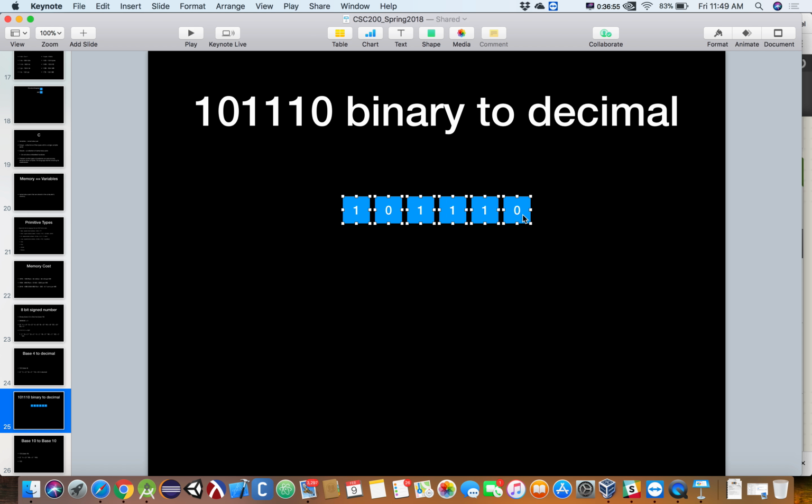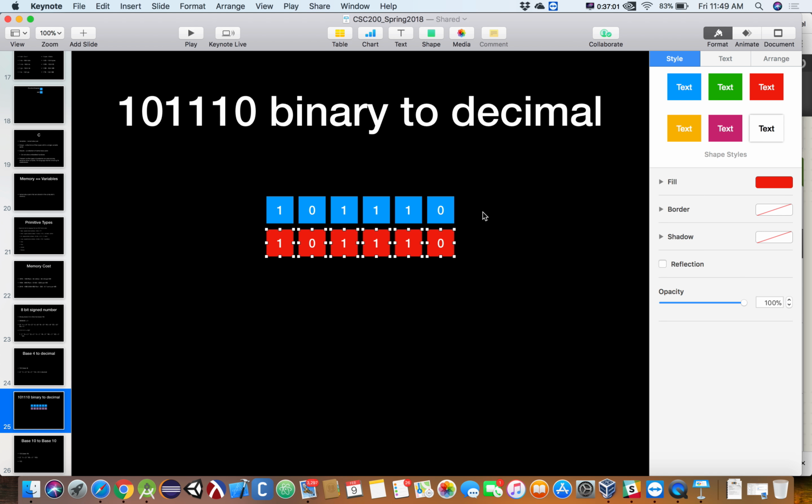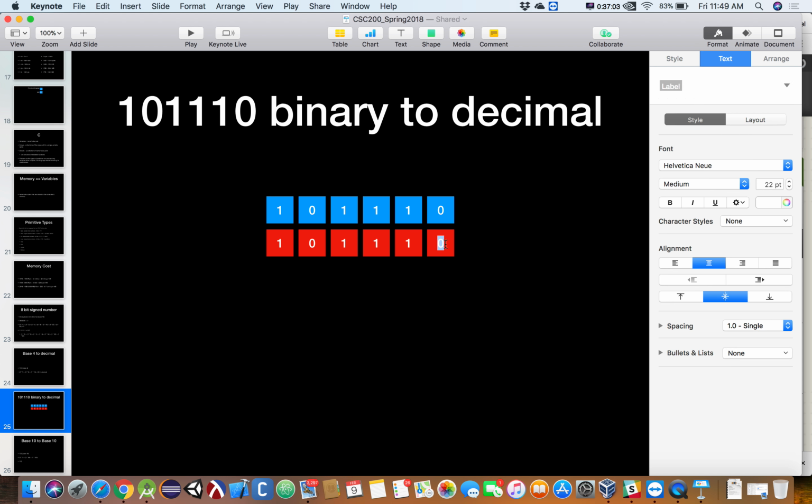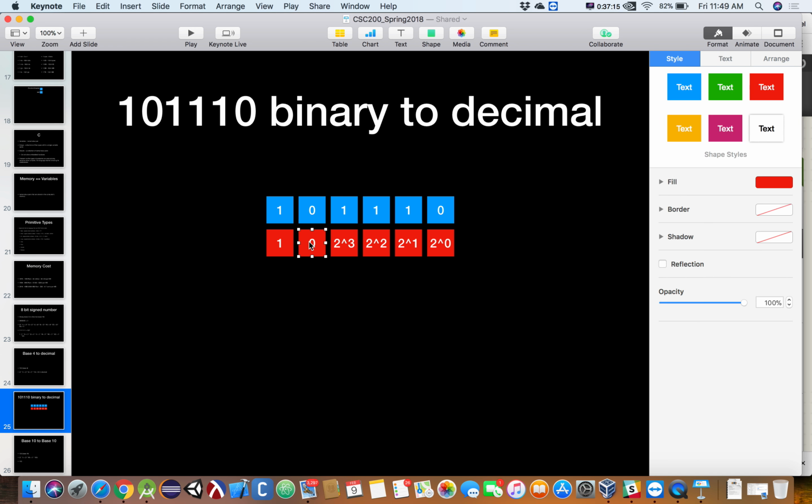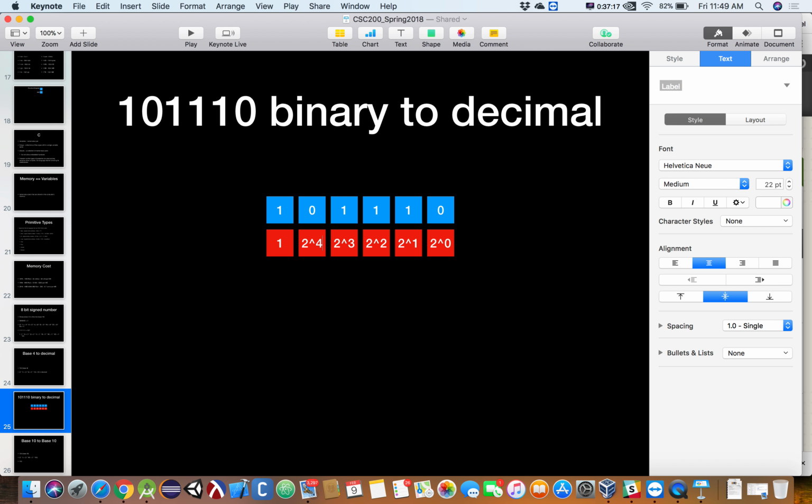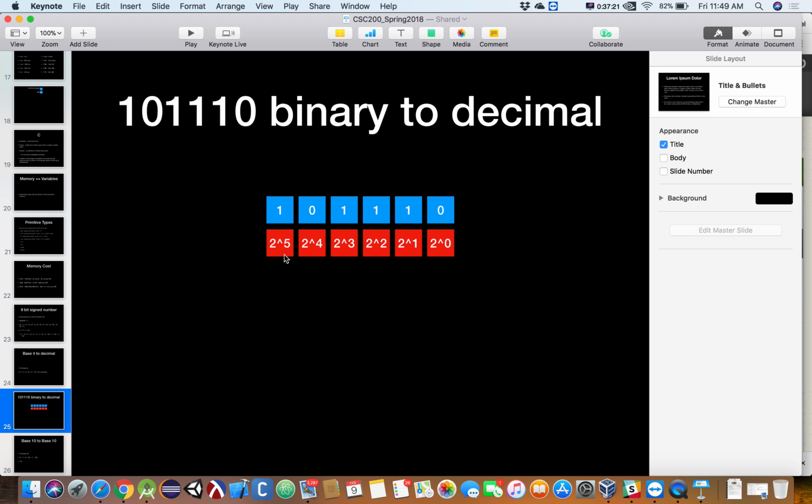We'll color code this. This is the 2 to the 0's place, the 2 to the 1's place, the 2 to the 2's place, the 2 to the 3's place, the 2 to the 4's place, the 2 to the 5's place.